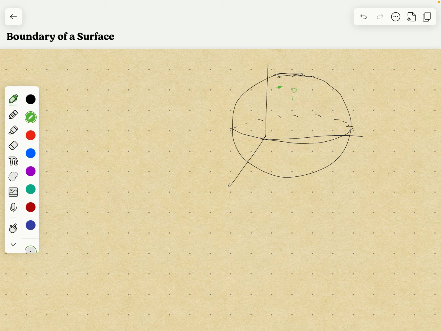So basically what that means is that if you look at the points near P that are on the surface, then there is a way to take an open set in R2, say the origin here, and there's some neighborhood, some open set around the origin, such that when you take this open set, you can map it directly onto this open set centered at P here.